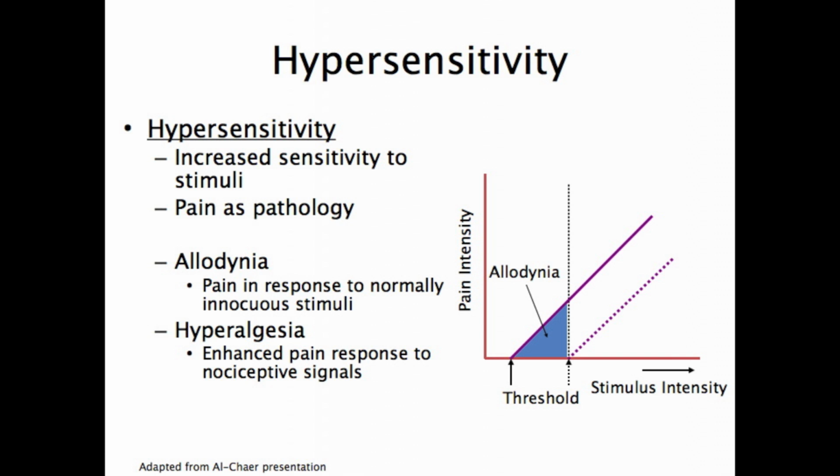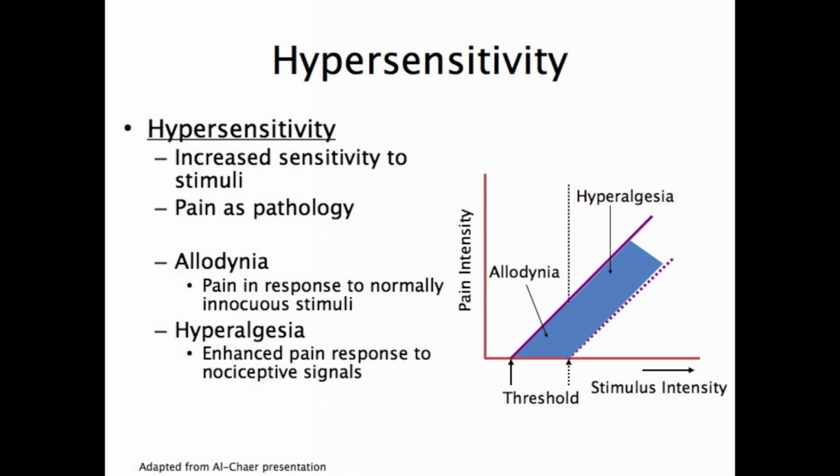This happens with patients who have, say, trigeminal neuralgia, and just the wind blowing hurts. Or if you have a sunburn, the sheets can become very painful. Hyperalgesia is an enhanced response to a normally painful stimulus. So something that normally hurts now hurts more.